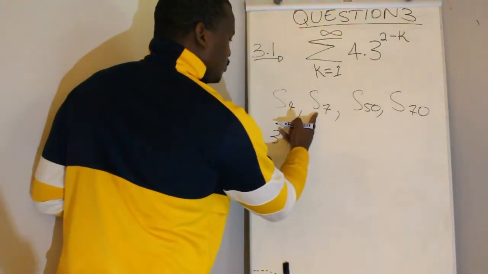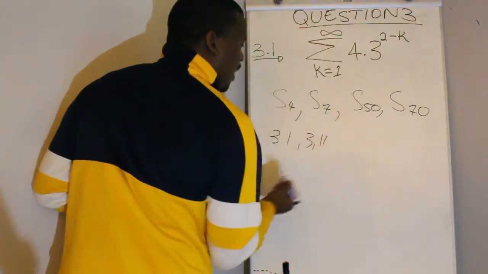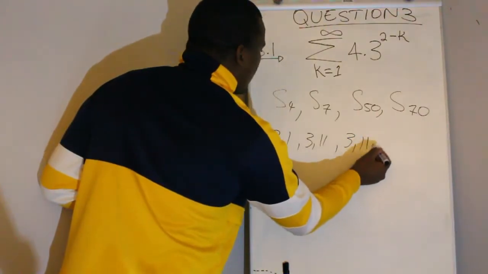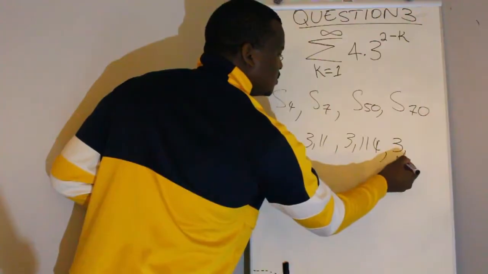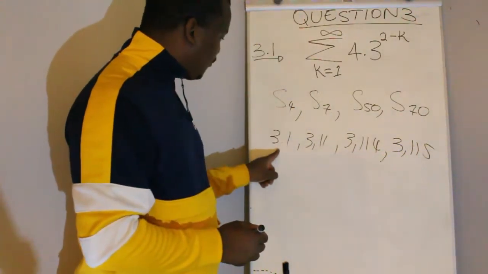And then when you take the next one, you get 3.11. And then for the next, 3.114. Then 3.115. So this is the sum of 4 terms.